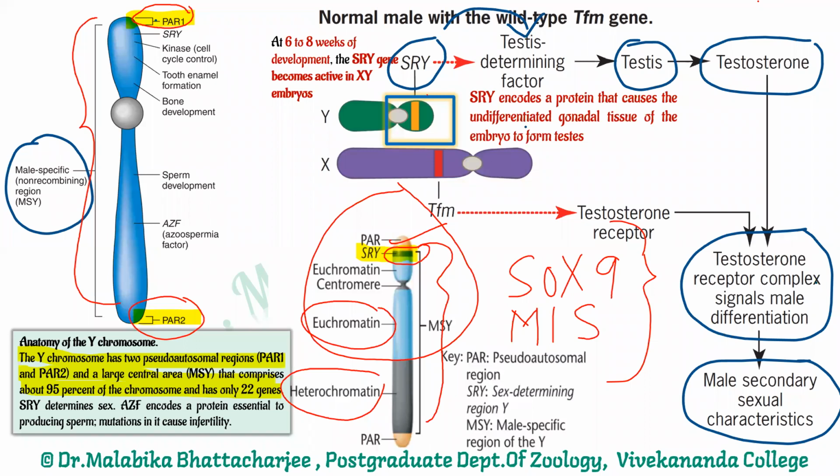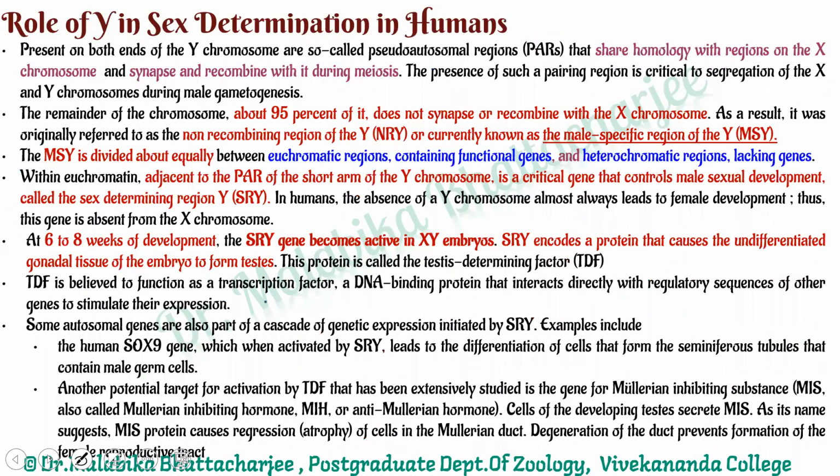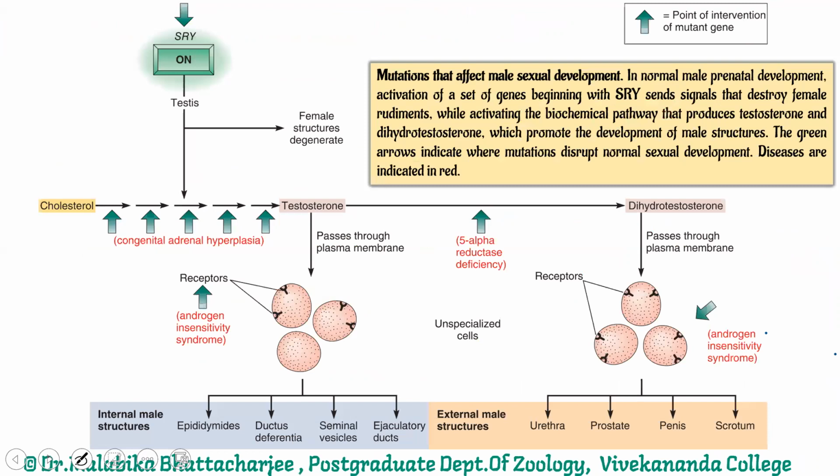So we have come to the end of sex determination in humans. We have discussed this, and this is just another recapitulation of what we have done till now, even though some mutations are also being shown. But let us concentrate on the main images.